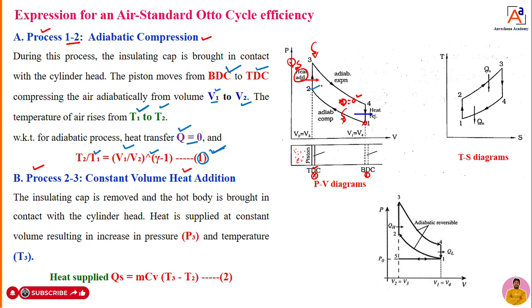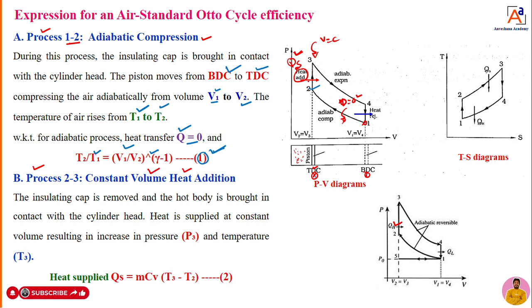Some authors take Q1, some take QH also, but be familiar. Now I will take heat supplied as Qs. In the second process, you are supplying heat at constant volume.